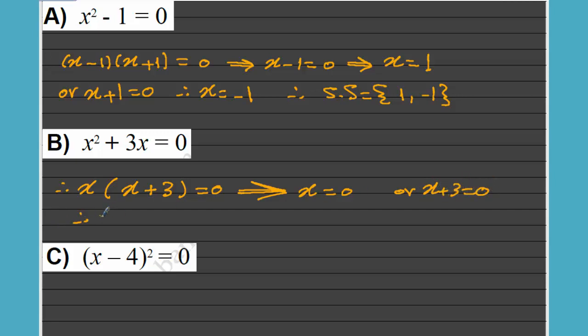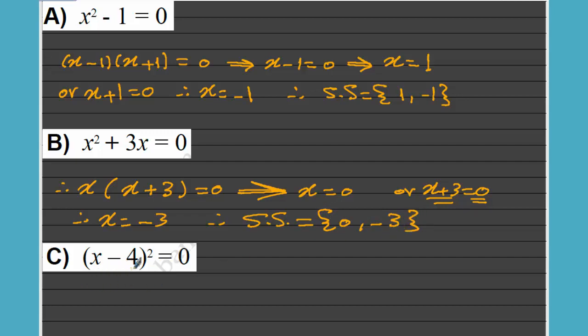When x plus 3 equals 0, then x equals negative 3. So now we have two values of x which make the left hand side equal 0. It means solution set equals 0 and negative 3.